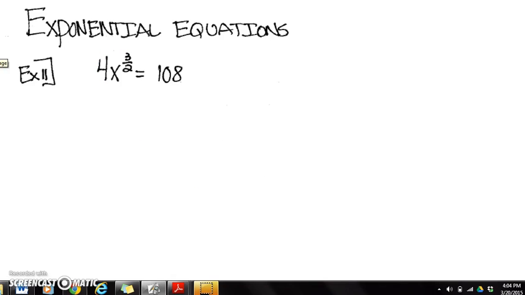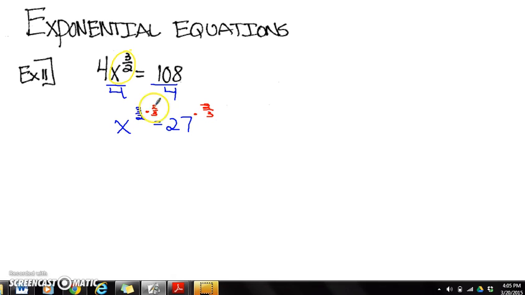Example 11, exponents. Well, always, we probably want to isolate the variable. So to isolate the variable, you're going to divide by 4. And 108 divided by 4 is going to give us 27. So you're going to get x to the 3/2 equals 27. Now to remove the 3/2, you're going to raise each side to the 2/3 power.